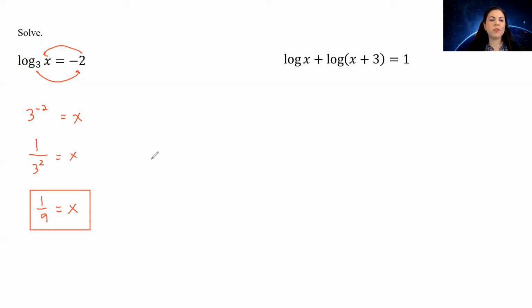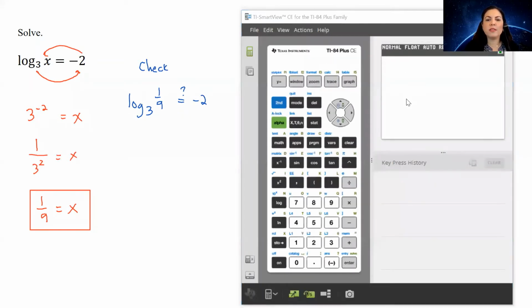If I was going to check this, I would do log base 3 of 1 over 9, and we want to make sure, does that equal -2? I actually have a calculator here available that we can look at for that. There's a couple ways that I can type this in. If I'm doing the change of base formula, I can type this in as log of 1 over 9 over log of 3.